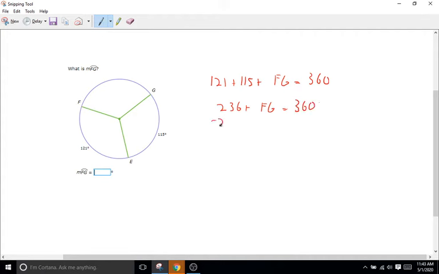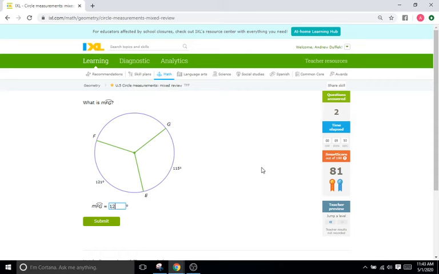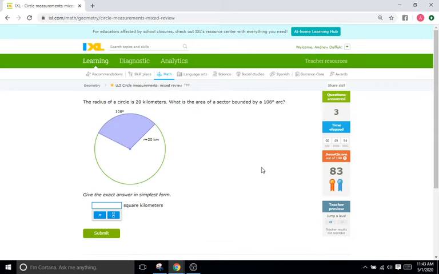Okay, subtract 236 from both sides. 236's cancel out, so we're left with FG equals 360 minus 236, which is 124 degrees. So we'll go back here, type in 124. Oh, there we go. Okay, so here's a new problem.